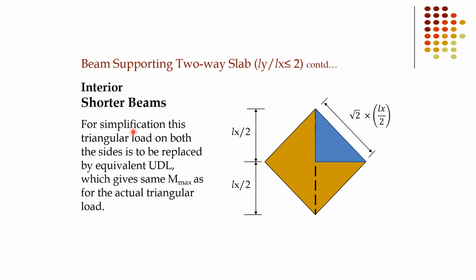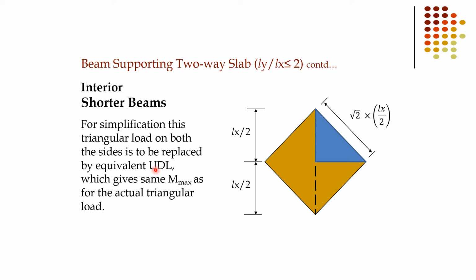Okay, for the simplification, this triangular load on both the sides is to be replaced by equivalent UDL, means triangular load to UDL, which gives the same moment as the actual triangular load. Means we simplify into UDL load, but the result will be the same, means we will get the same moment. Okay, as we get from the triangular load, we also get the same moment from the UDL load.